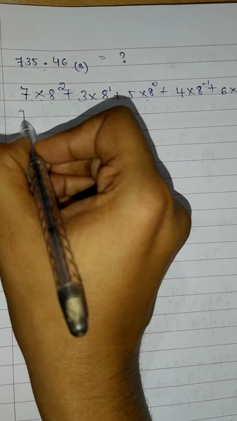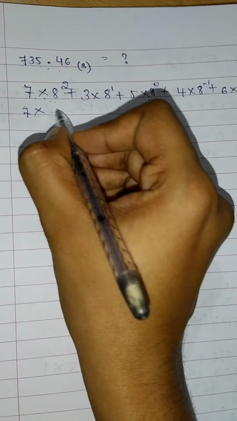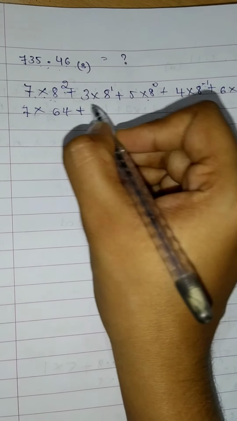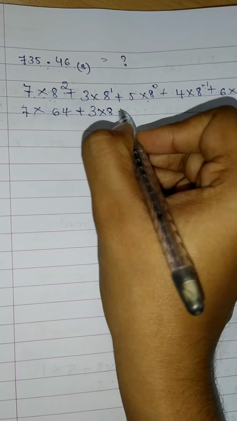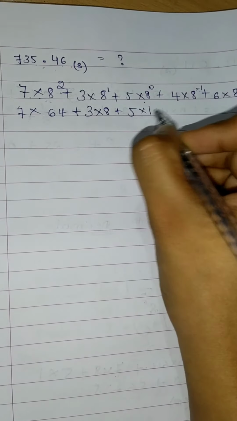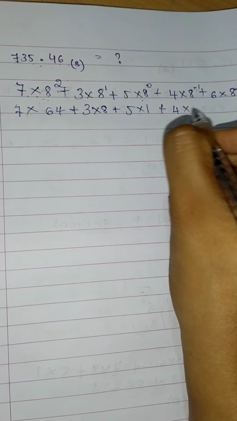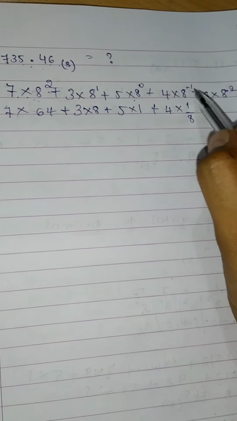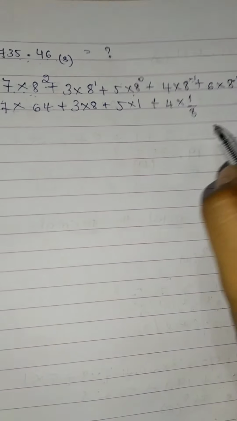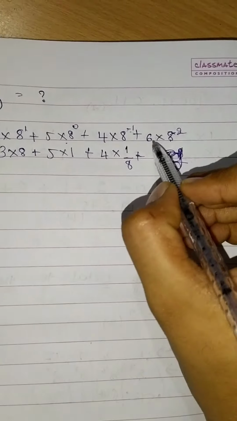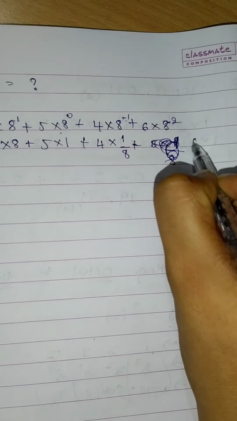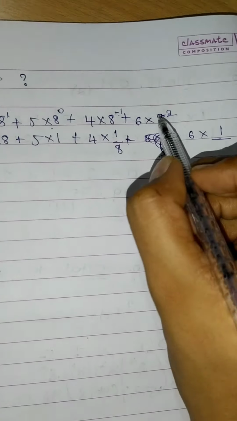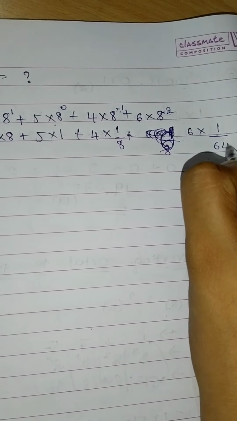So 7 into 8 into 8 is 64, plus 3 into 8, plus 5 into 1, plus 4 into 1 by 8, since 8 power minus 1 is 1 by 8, plus 6 into 1 by 8 into 8, that is 64.